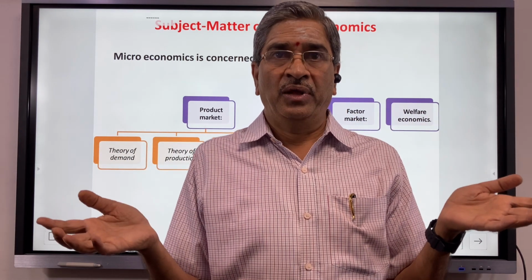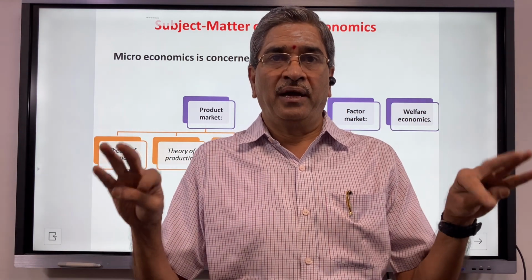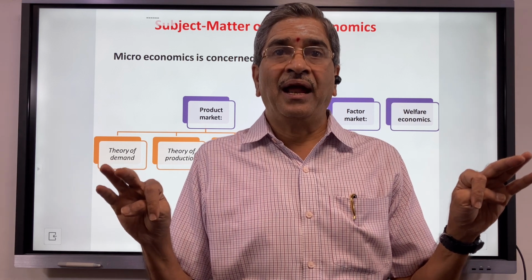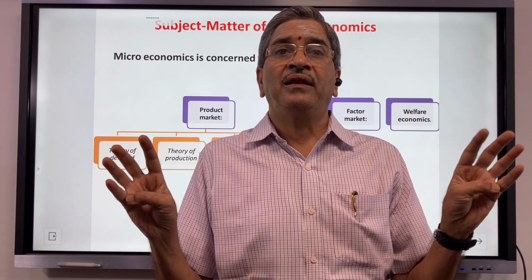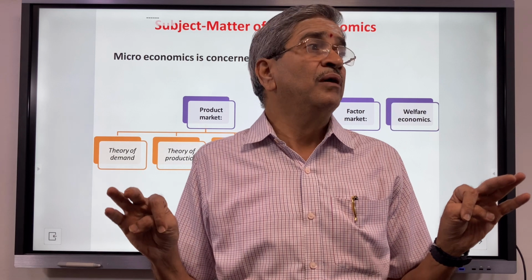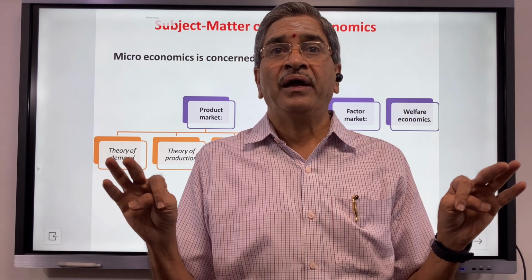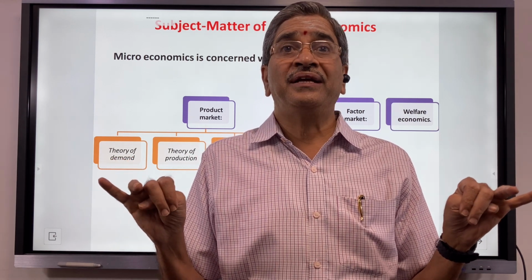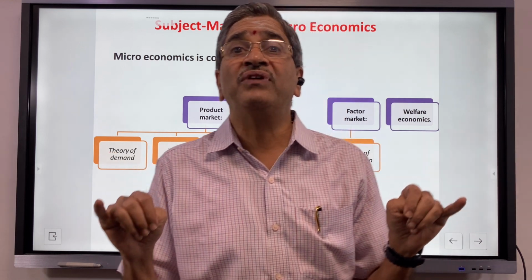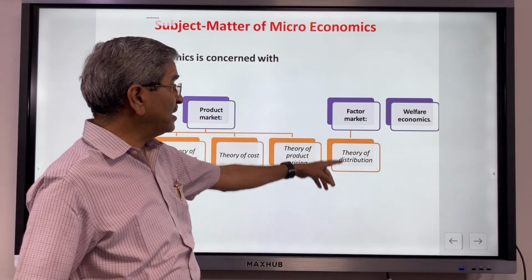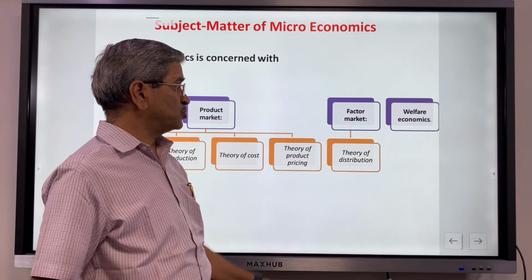How do you pay? You pay rent for land, wages for labor, interest for capital, and profit for the organization. That comes under the theory of distribution.